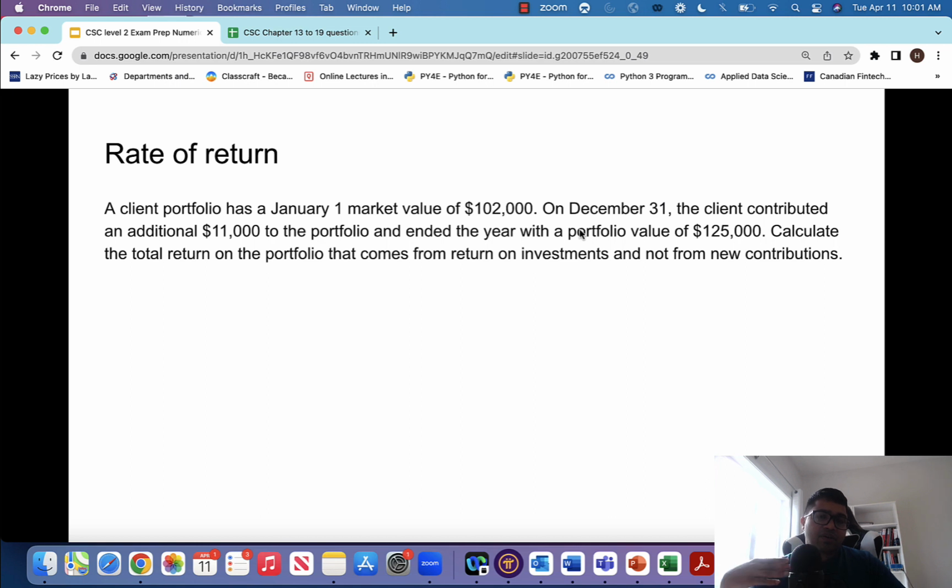You additionally contributed $11,000, right? And the portfolio grew to 125. So some returns are coming because the value of your investment went up. Some returns are coming because you put in some additional money. They want to know how much returns actually came from the value of investments going up.